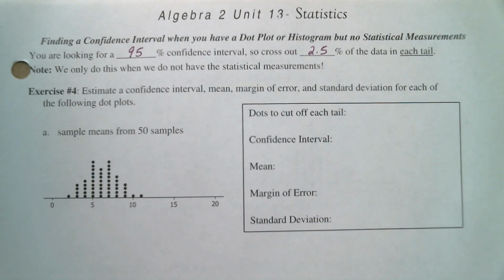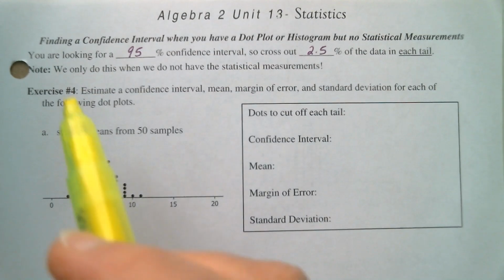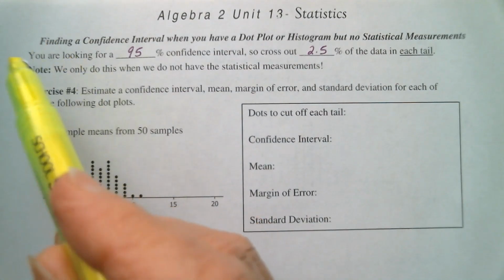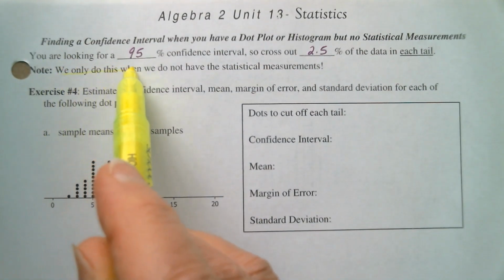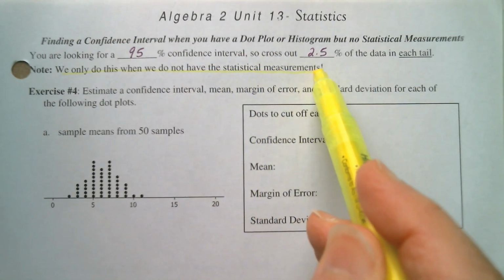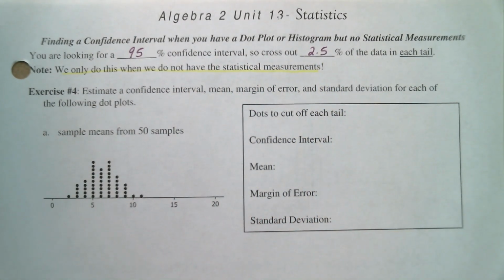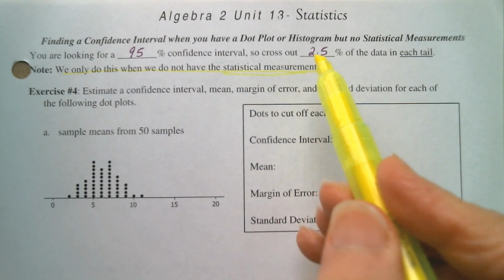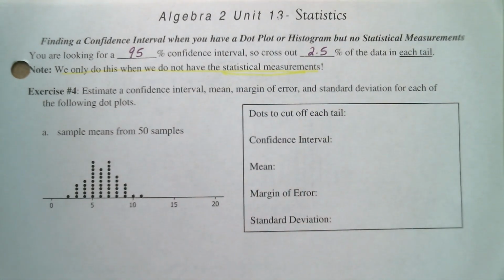Note, we only do this when we do not have statistical measurements. The only time we cross off 2.5% from each tail is when we do not have statistical measurements. So when the mean and standard deviation are not given to us.